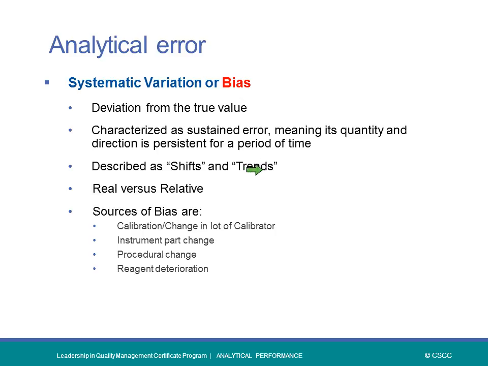And the things that cause biases are different from things that impact imprecision in most cases. And like I said, trends or shifts in performance are often due to changes in the instrument beyond a certain point in time.